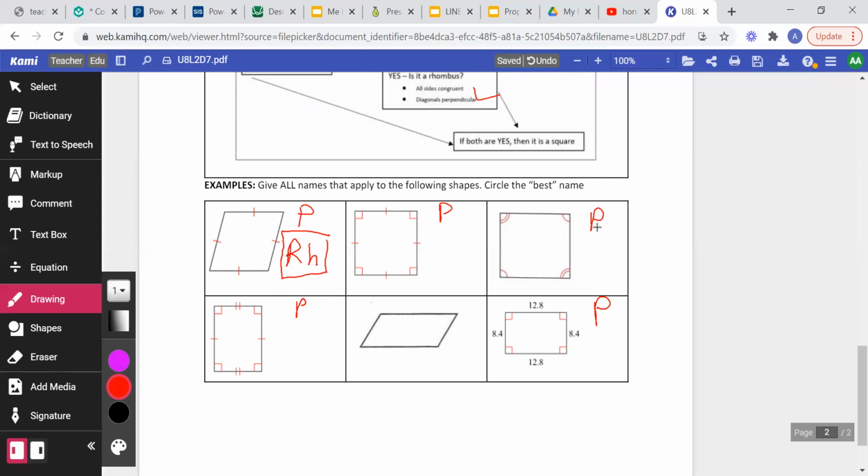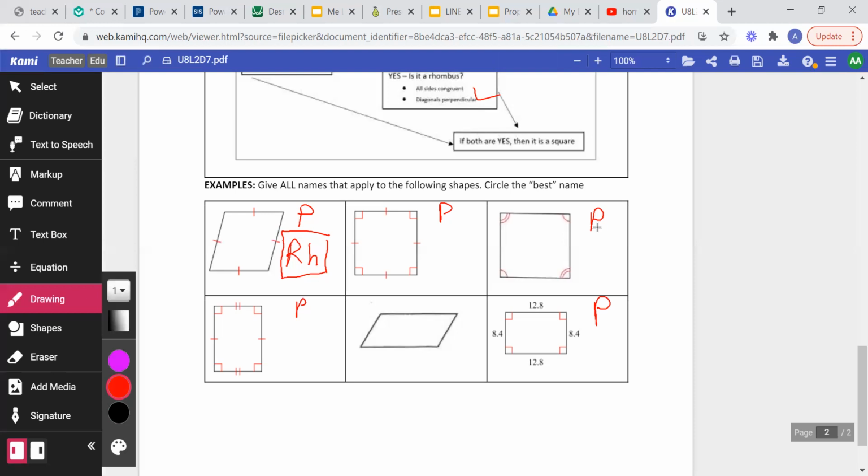Okay. So the second figure, what do you think should be the second figure here? The second drawing? Does it look like a rhombus? No. It's a square. It's a square. Okay.